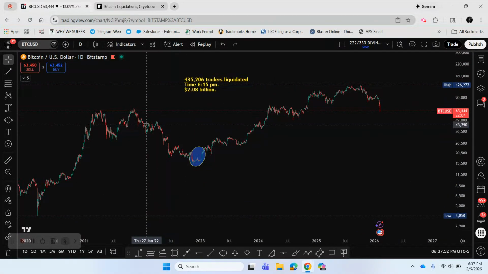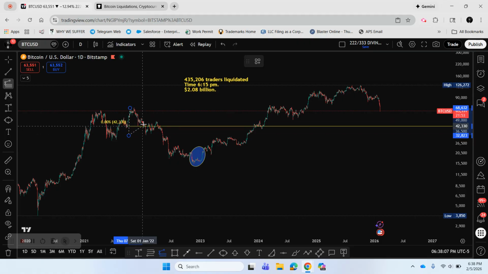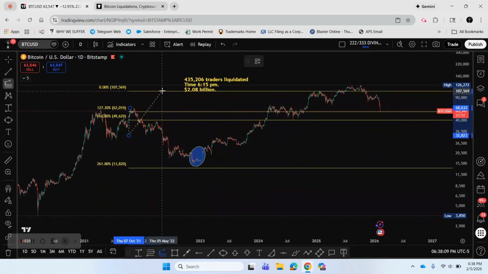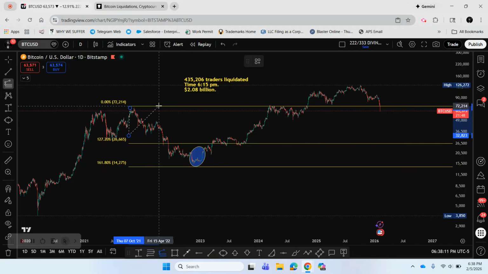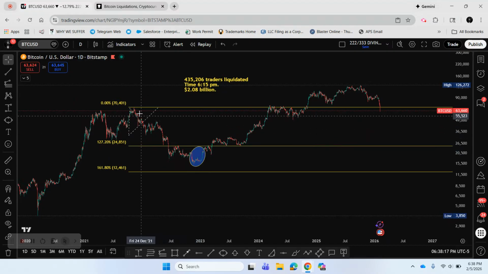All right. Now, this was an impulse that we had that was pushing to the downside. We're gonna measure that and see how that plays out. So we hit target one based off this impulse.